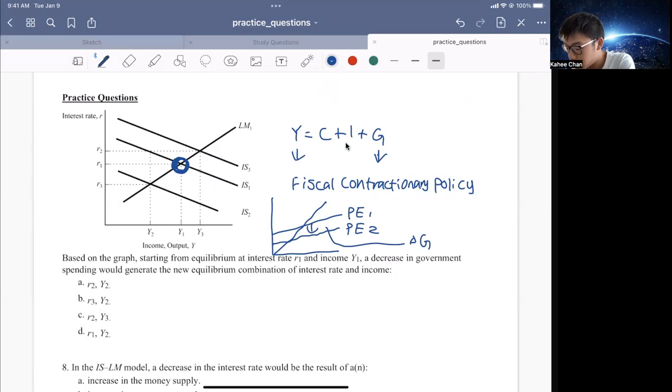So what happened to Y? Of course, Y is going to decrease. When Y is decreasing, the IS curve must shift to the left.